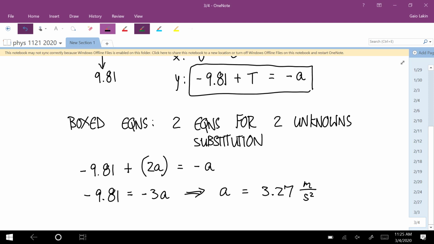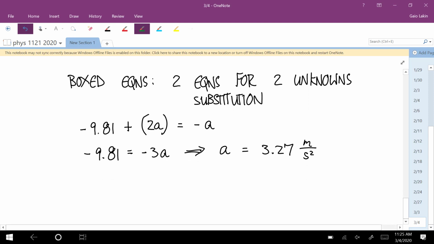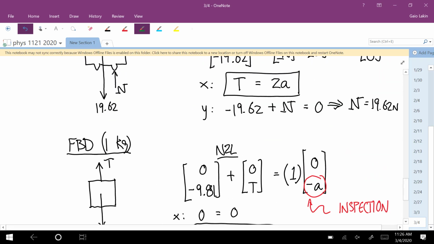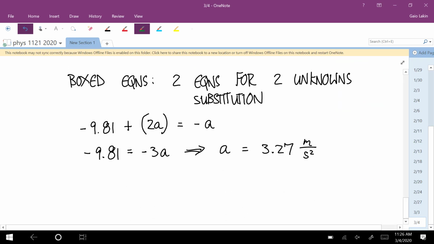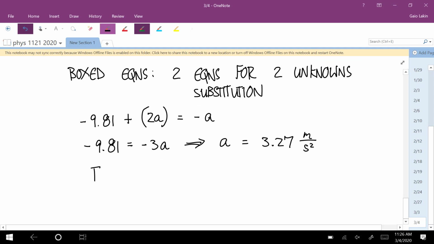And now this is an important step for making sense out of this. Well, we're also supposed to calculate T. So let's calculate T first, and so plug that back into either one of these. T is equal to 2A. So the tension is equal to 6.54 newtons.